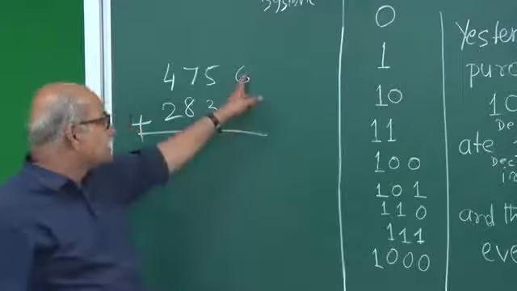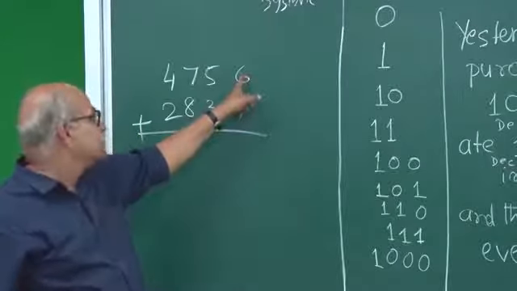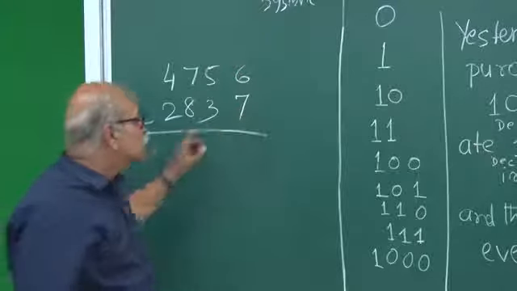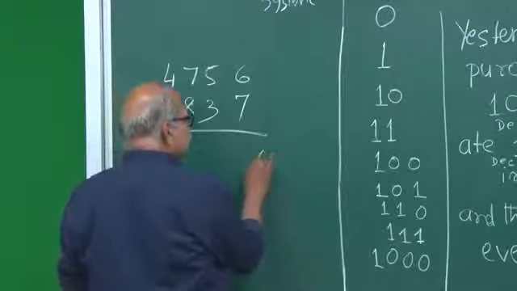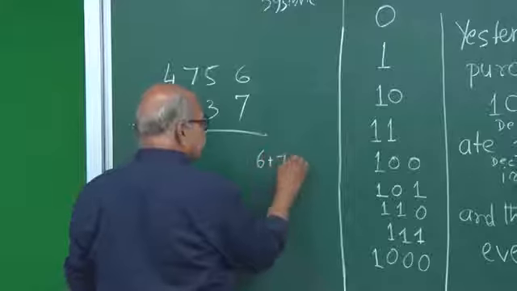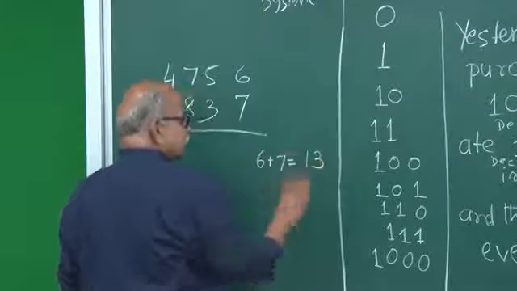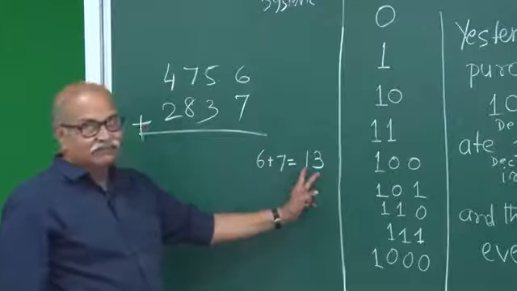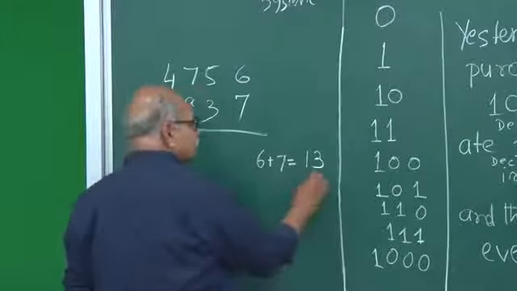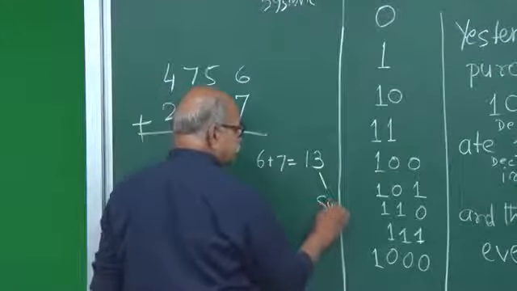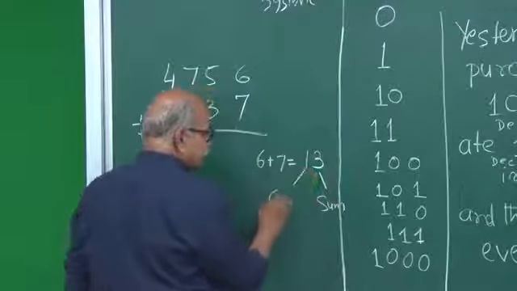So, I have here 6. I start from the right side, 6 plus 7. So, I should know what is 6 plus 7. And when I say it is 1, 3, I am using two symbols, 1 and 3, and this I call sum and this I call carry.